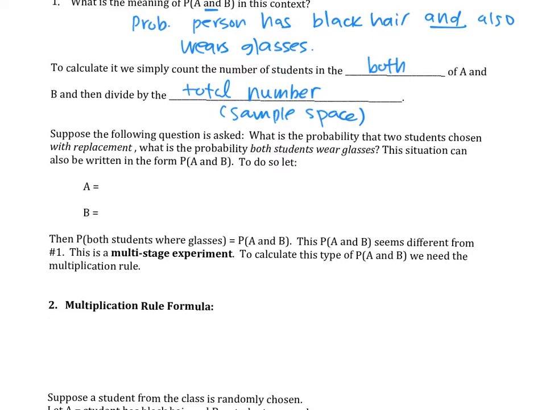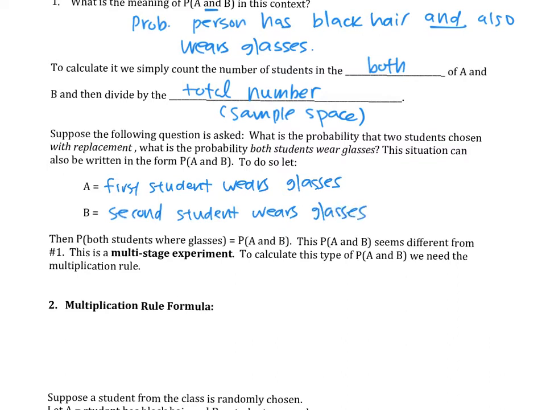So let A be the first student wears glasses and B be the second student wears glasses. So this is a case where it's also written as A and B, but here we have two people. So A refers to the first person and then B refers to the second person.